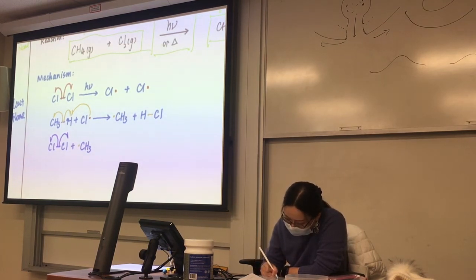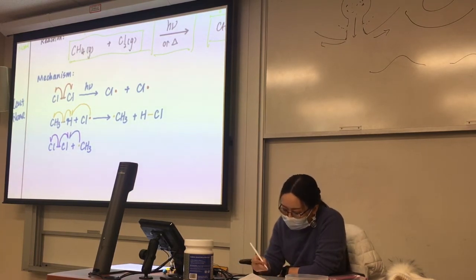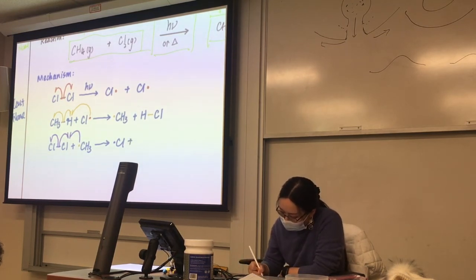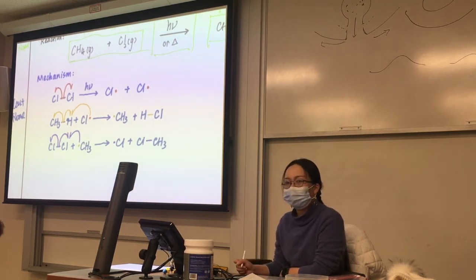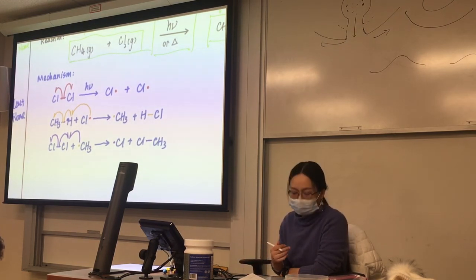This yellow radical is going to form a bond with the chlorine, and this bond is purple. My chlorine has a purple radical, and my chlorine and CH3 have a purple bond. I think that's kind of clear so far, right?